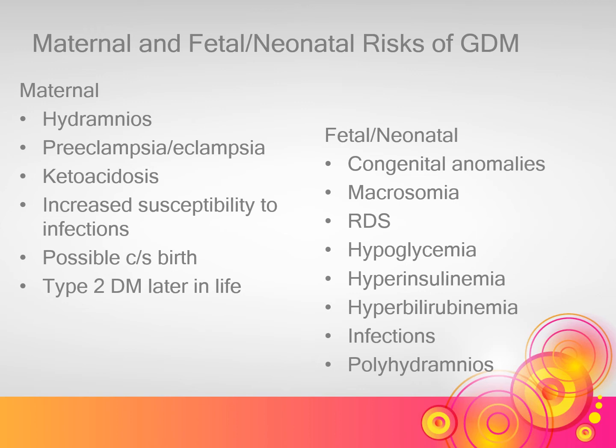Hyperbilirubinemia. This is the inability of the immature liver to metabolize the increased bilirubin that came from something called polycythemia, which is just an increased amount of red blood cells. Okay, infections, very similar to mom, having that higher glucose predisposes the baby to a variety of infections.